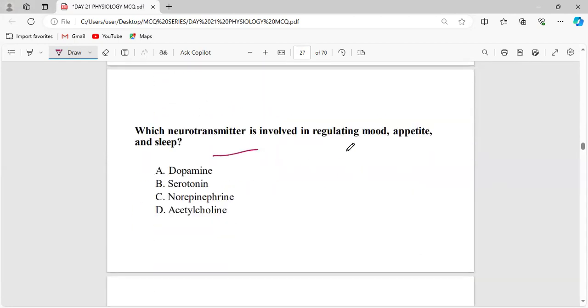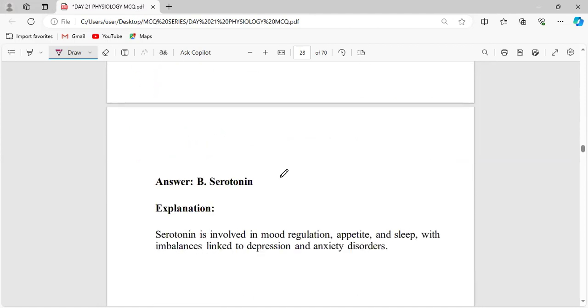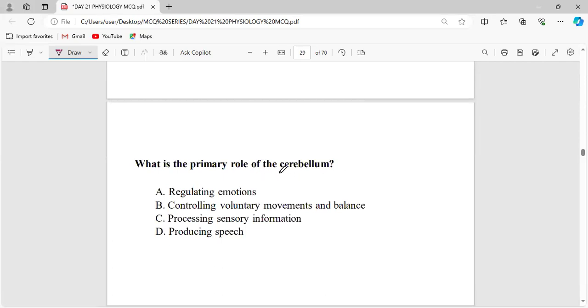Which neurotransmitter regulates mood, appetite, and sleep? That will be serotonin. What is the primary role of the cerebellum?